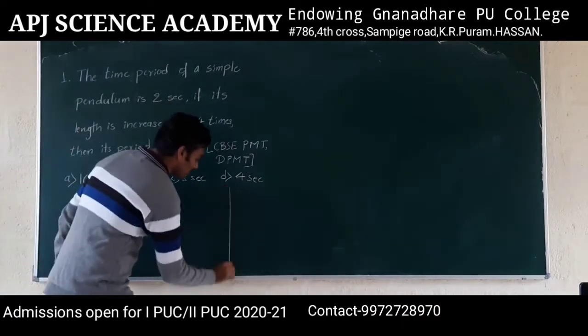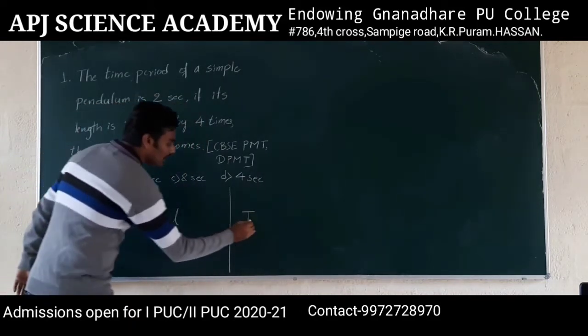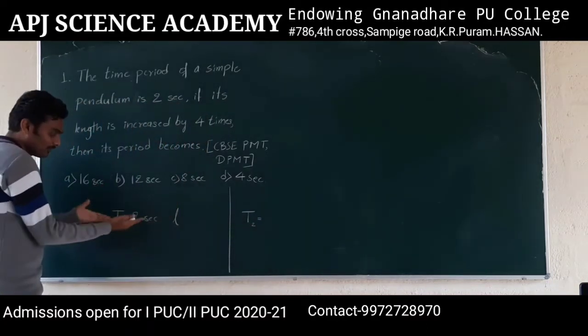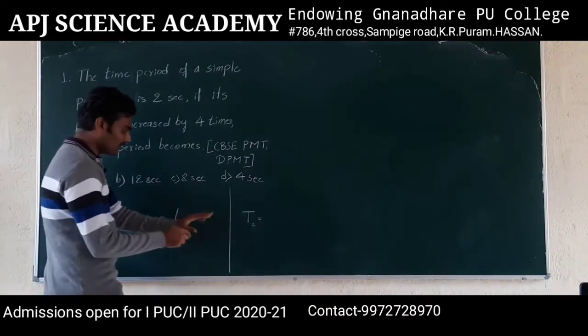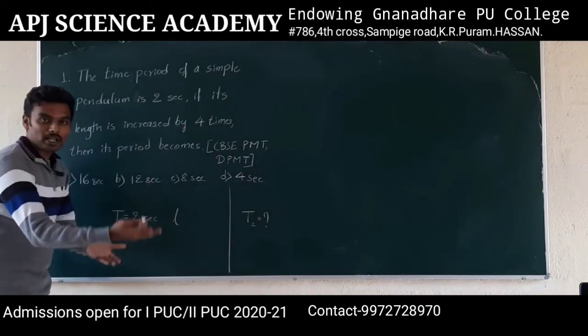But in the second situation, we need to find the new time period, which I will call T2 here. New, because two situations. First situation, 2 seconds time, L is the length. Second situation, the time period has to be found and the length becomes 4 times.